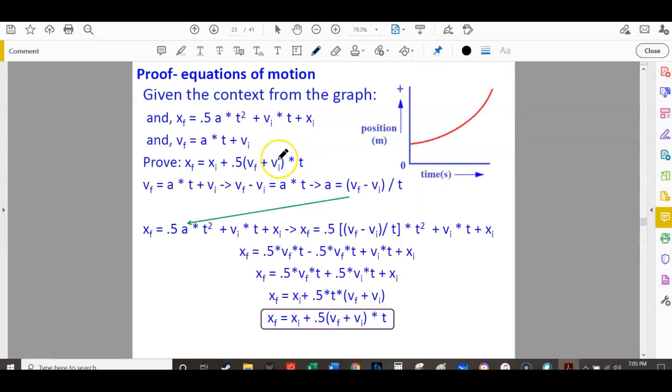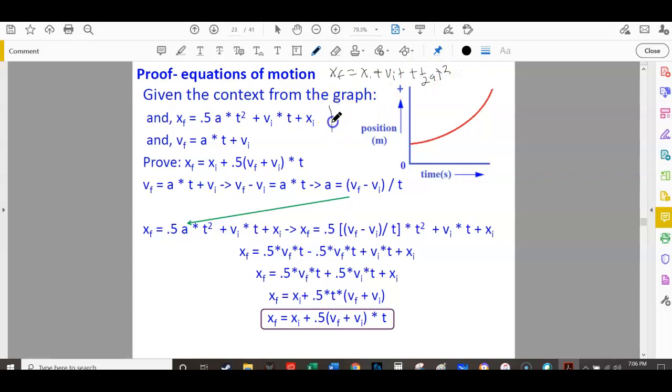All right, so we know that we've seen a position versus time graph, right? And now position versus time graphs are going to have a curve to them, okay? And so we've seen this as a curve fit for the position versus time graph, x final equals x initial plus initial velocity times t plus 1/2 at squared.